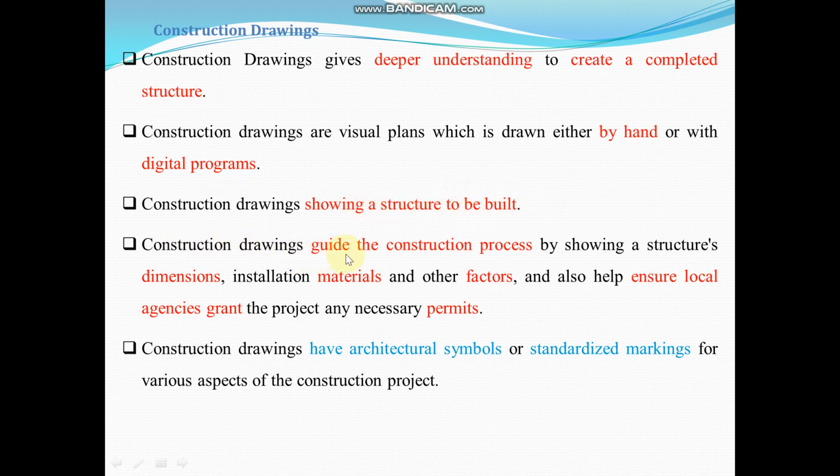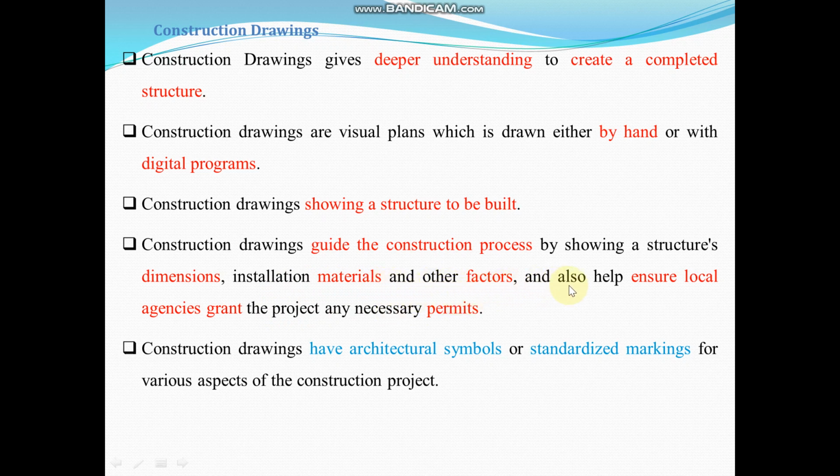Construction drawing is a guide or a roadmap in the construction process, describing a structure's dimensions or the installation of materials. What types of material will be installed? What types of materials will be used in the construction process? And other factors.